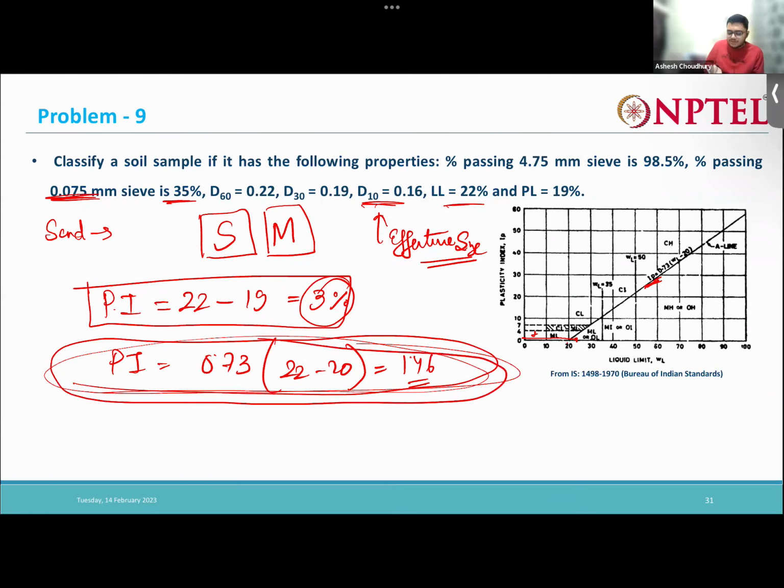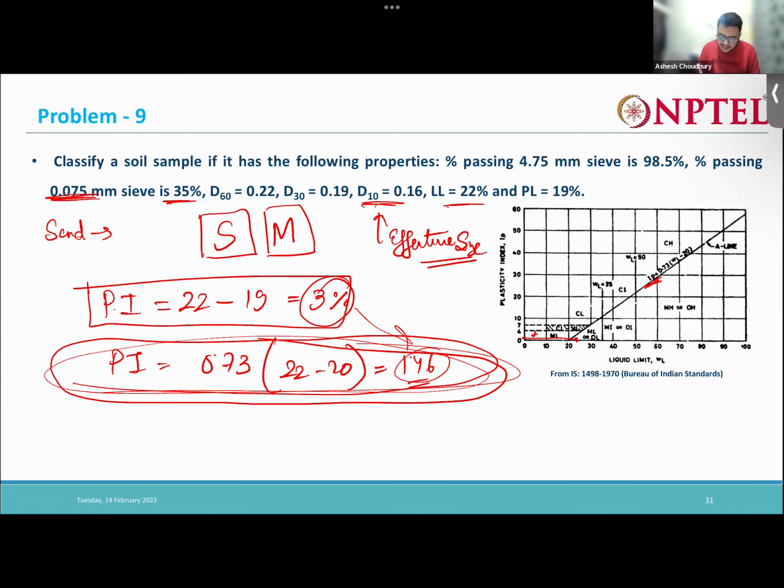If you find out the plasticity index from the equation of the A line, it comes out to be 1.46, right? So 3% is greater than 1.46, so I would say that it is clay, above the A line. This problem is a little critical.